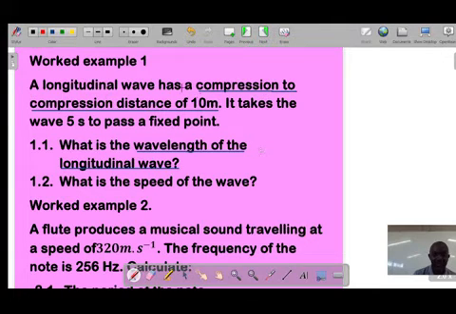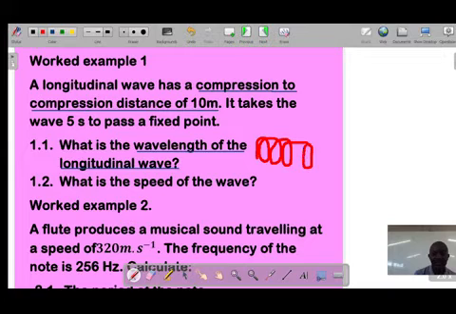If this is my first compression region, then after the compression region there comes a rarefaction.